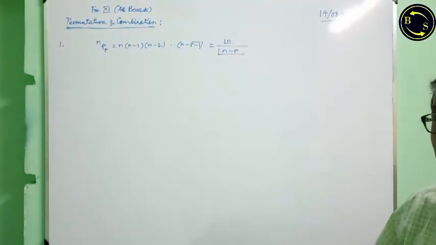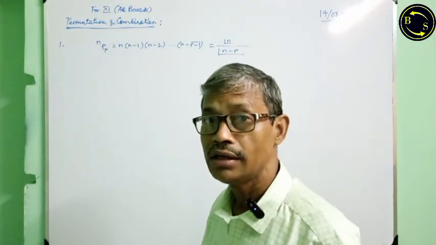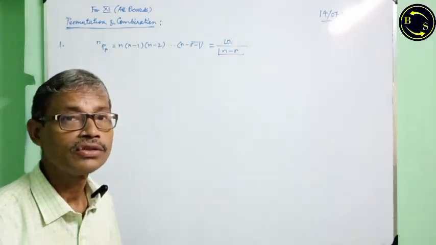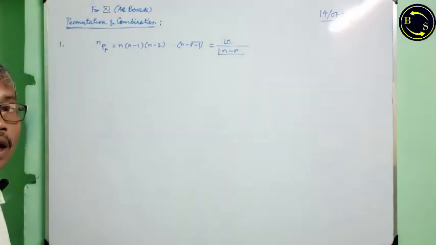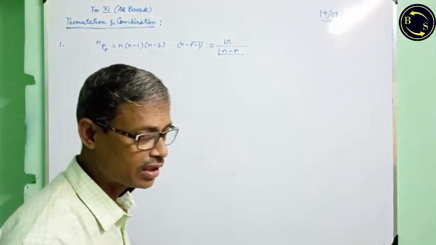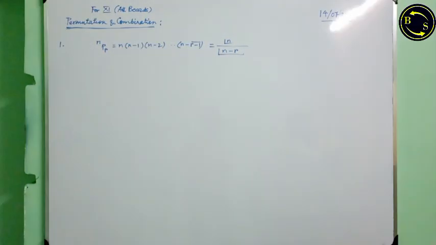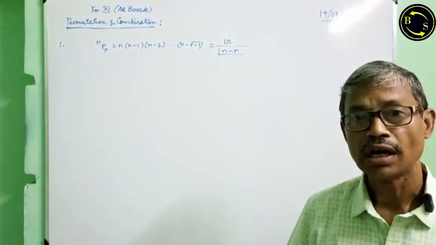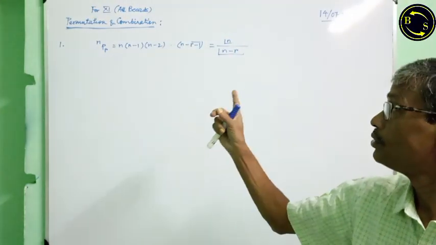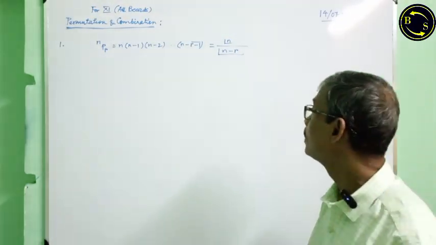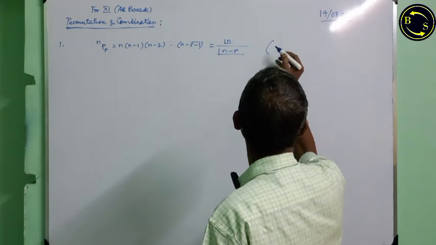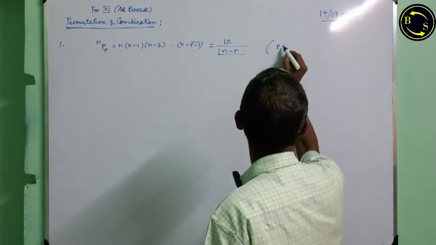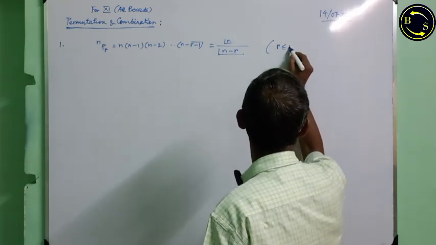The meaning is that out of n different articles, things or objects, taking r things or r objects at a time, the total number of arrangements of those r articles is equal to this. And I mentioned there r is less than or equal to n.